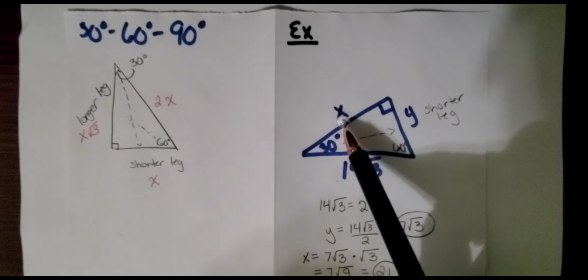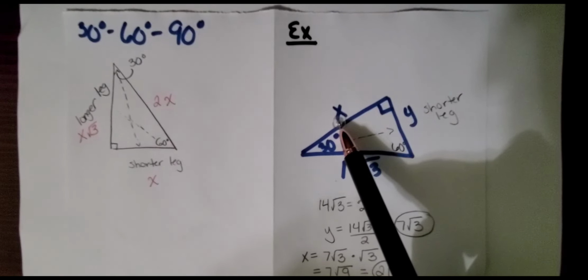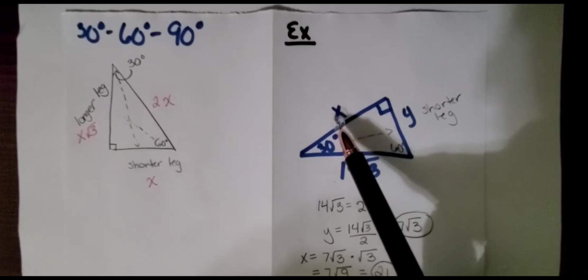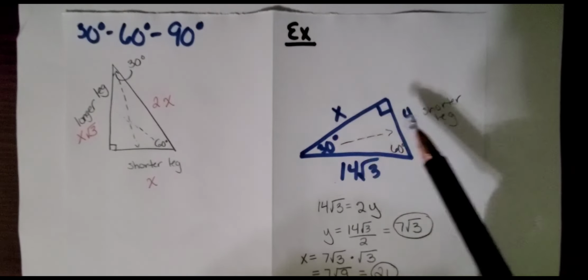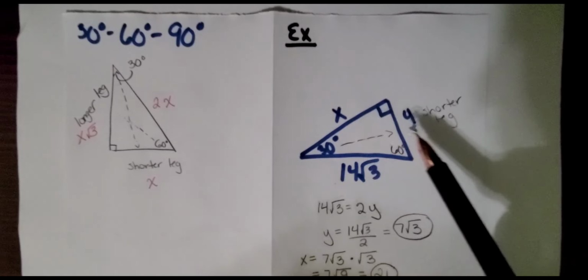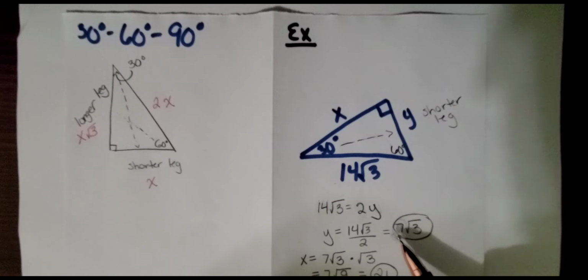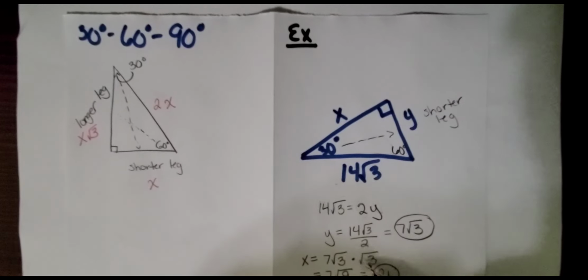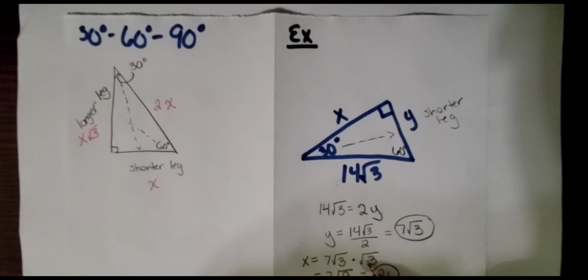Next, to figure out the longer leg of the triangle, the longer leg is equal to the shorter leg times radical 3. So the shorter leg measures 7 radical 3. That means that x is going to be equal to 7 radical 3 times radical 3.